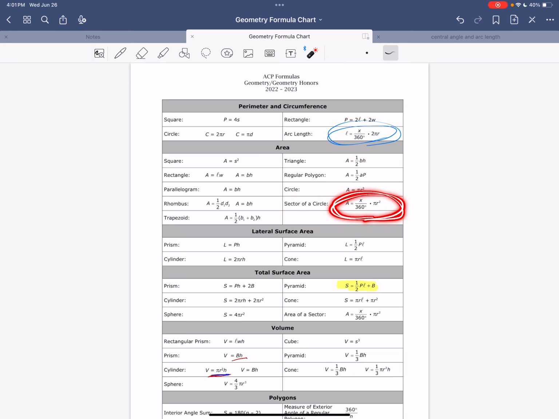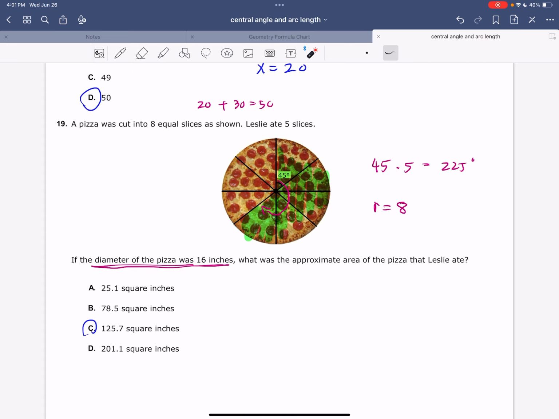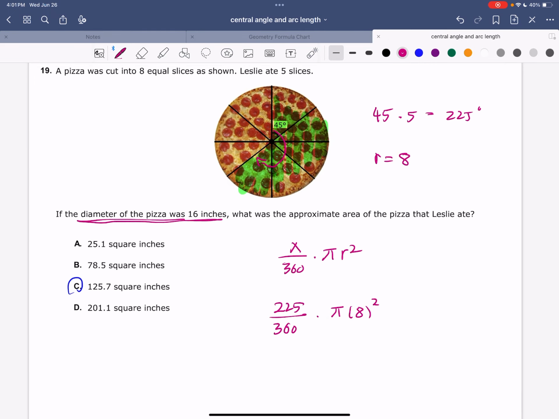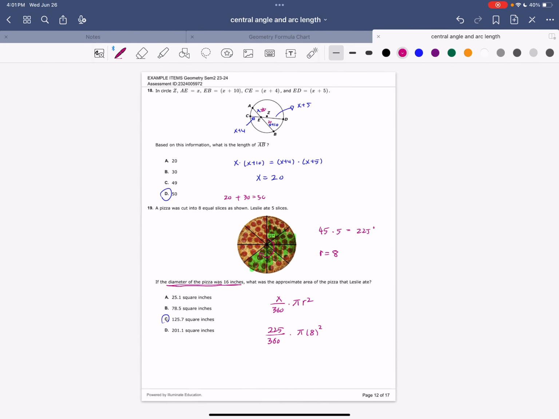So we're going to use this one. It's going to be x over 360 times pi r squared. That's the formula. The only thing I have to do is plug in the number, pi 8 squared, and then you're going to get C as an answer.